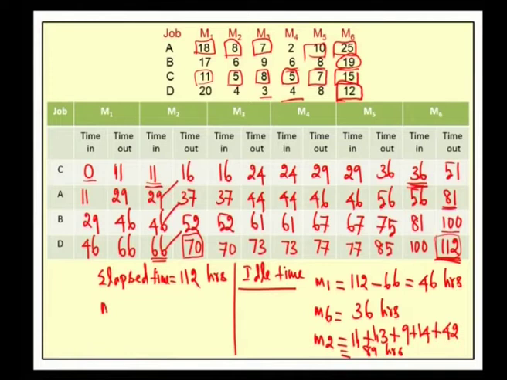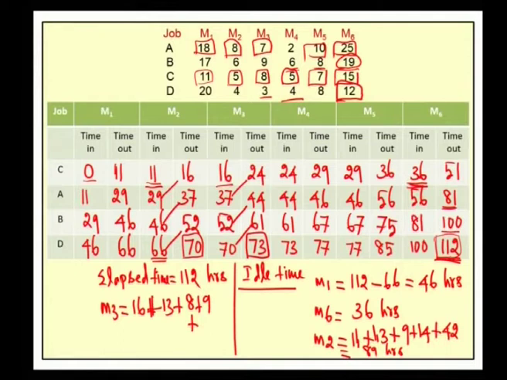Now, the idle time of machine 3. Machine 3 starts its work only in the 16th hour. Therefore, 16 plus idle time is 37 minus 24, which is 13, then 52 minus 44, which is 8, plus 70 minus 61, which is 9, plus machine 3 completes its work in 73 hours, but the whole process completed in 112.